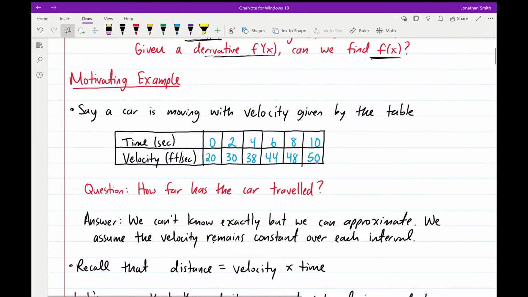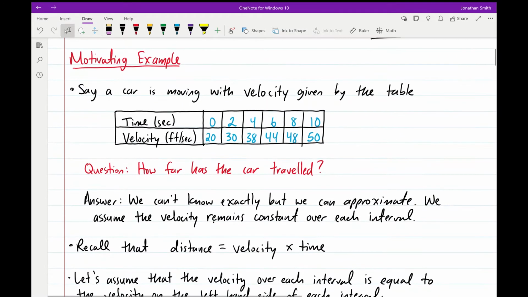Okay, a first motivating example for what we're going to talk about today is the following. Say we have a car moving with a velocity given by the table that I have drawn here. In the top row of this table we have time in seconds, going from time equals 0 to time equals 10 with these 2-second intervals in between: from 0 to 2, 2 to 4, 4 to 6, and so on, all the way up until time equals 10.